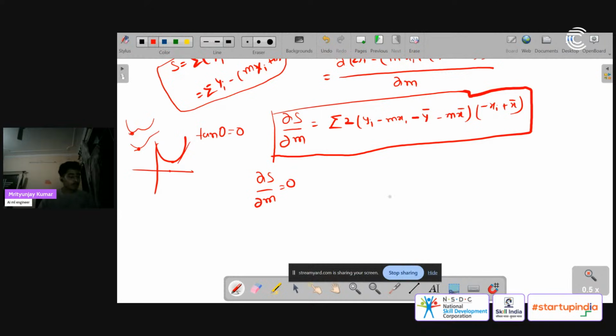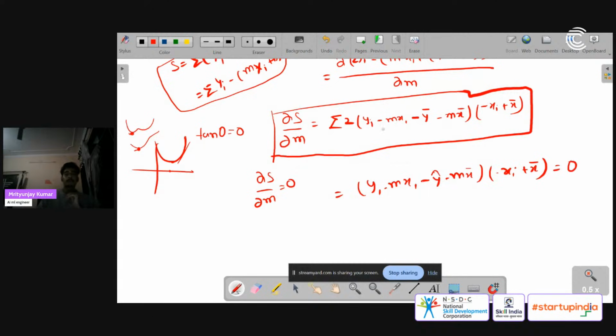So we get minus (y bar minus m x bar) bracket (minus x_i plus x bar) equal to 0.